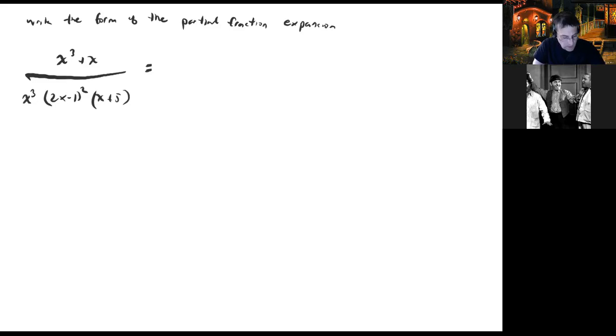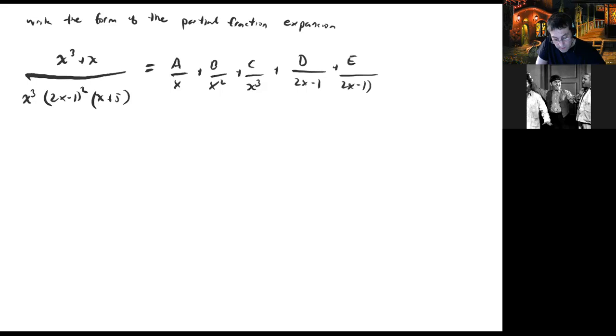Okay, so the x cubed is a linear repeated factor 3 times, so you're going to get an a over x plus b over x squared plus c over x cubed. That's the contribution from that term. Now, 2x minus 1 squared, 2x minus 1 is a linear factor. It's going to give you a d over 2x minus 1 plus an e over 2x minus 1 squared.